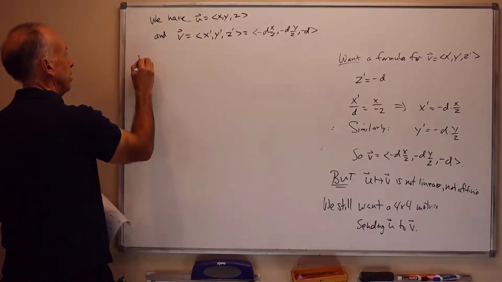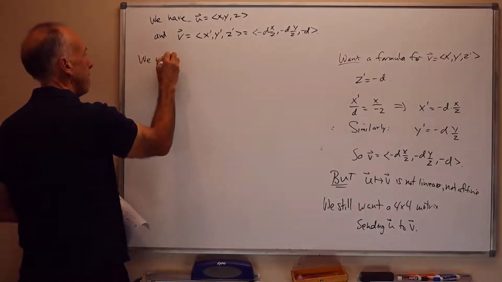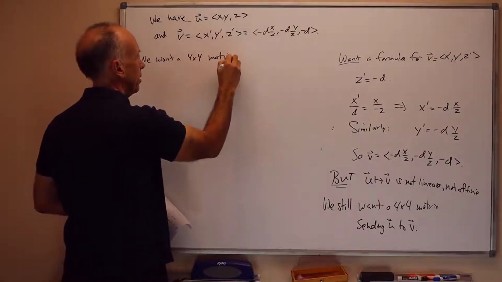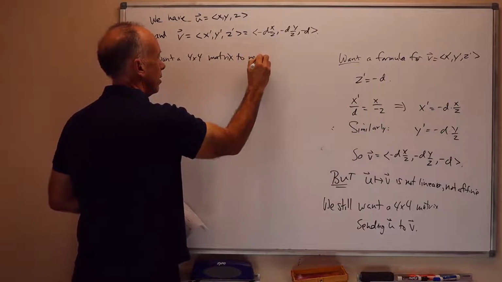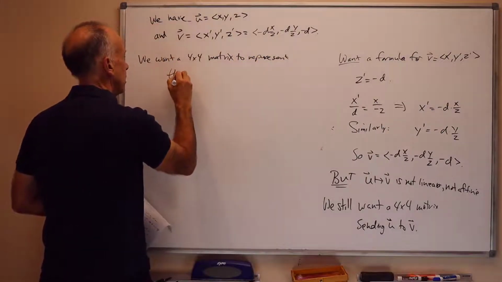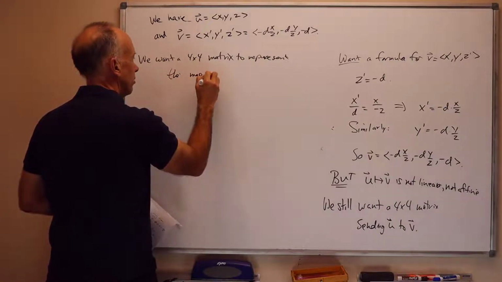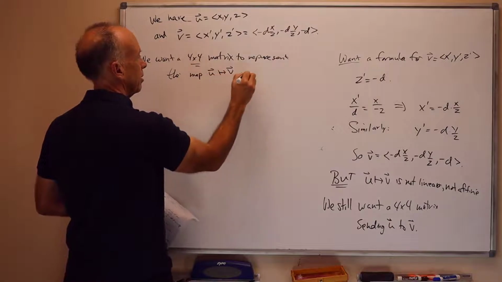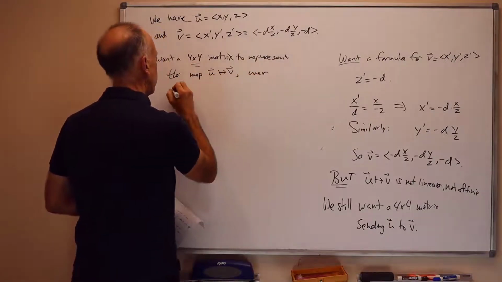And we want a matrix to represent the map from U to V, but it's a 4 by 4 matrix, so it'll be over homogeneous coordinates.